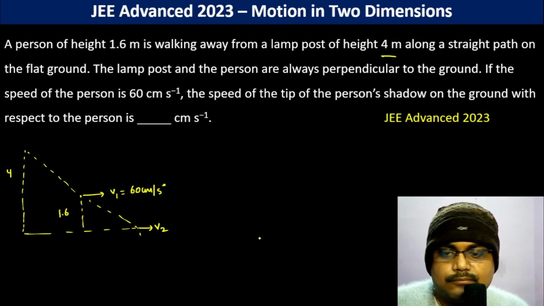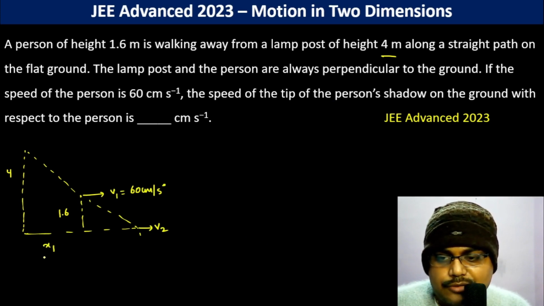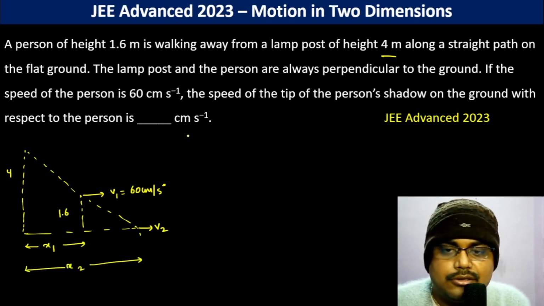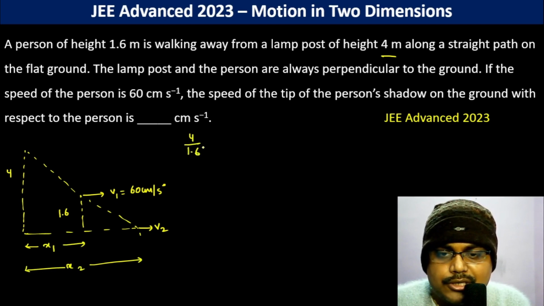Okay, fine. So let this be x1 here, and let this be x2. By similarity of triangles, 4 by 1.6 becomes x2 divided by x2 minus x1.